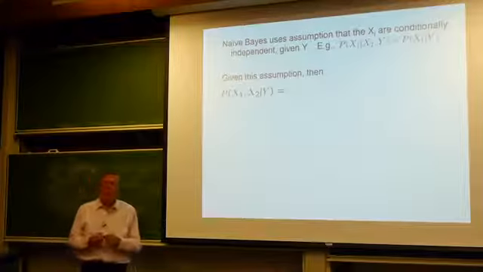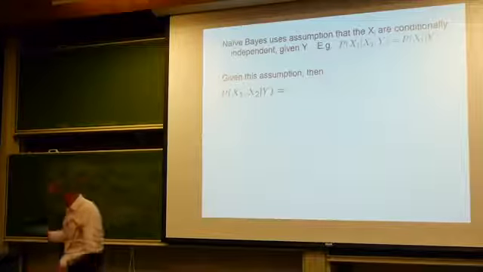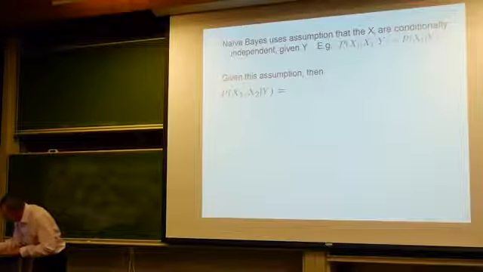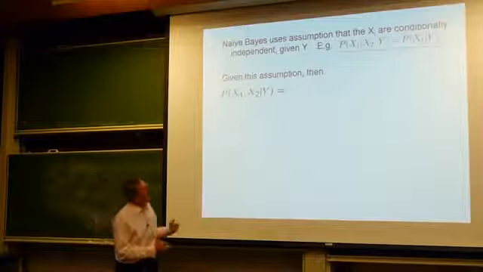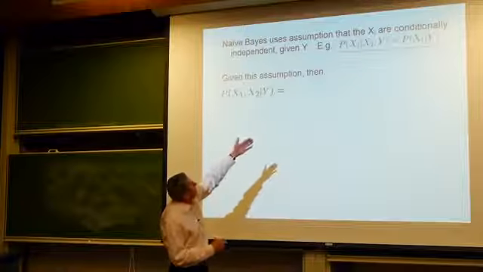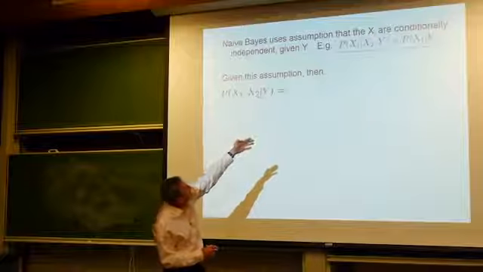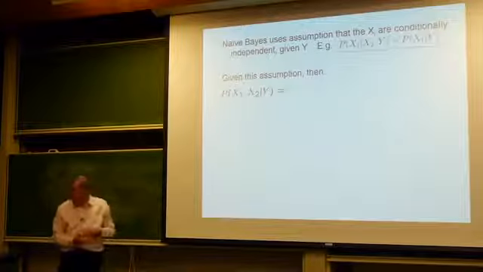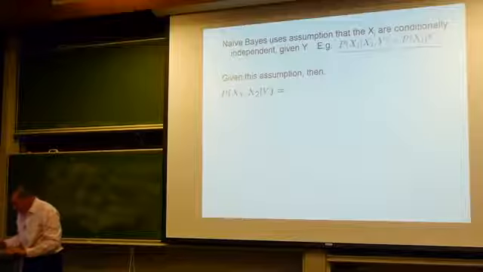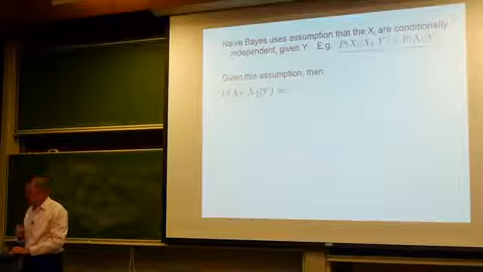So how can we use this conditional independence assumption? There it is. This is our definition of conditional independence, what we just wrote down. Here we're saying that x1 is conditionally independent of x2 given y. One of the implications is that we can express this quantity in a nice way.